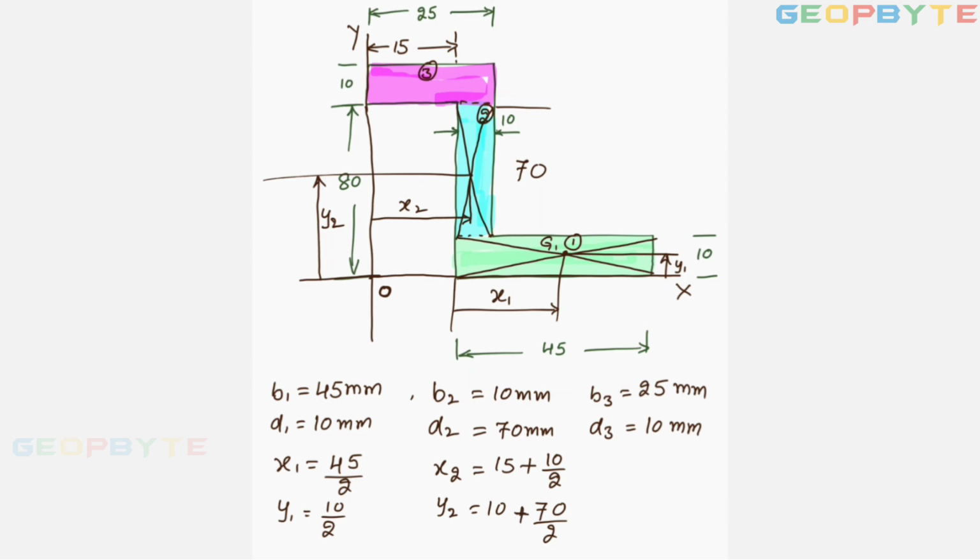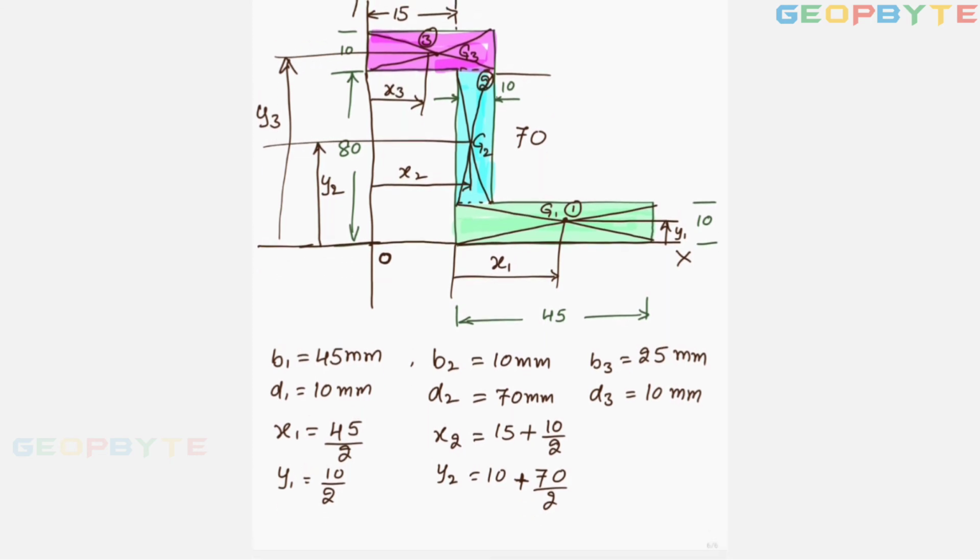You simplify this value. Similarly, x3. Join the diagonals for section 3. Wherever the diagonals are meeting, this is the G2, this is the G3. So this is the y3 and this is the x3.